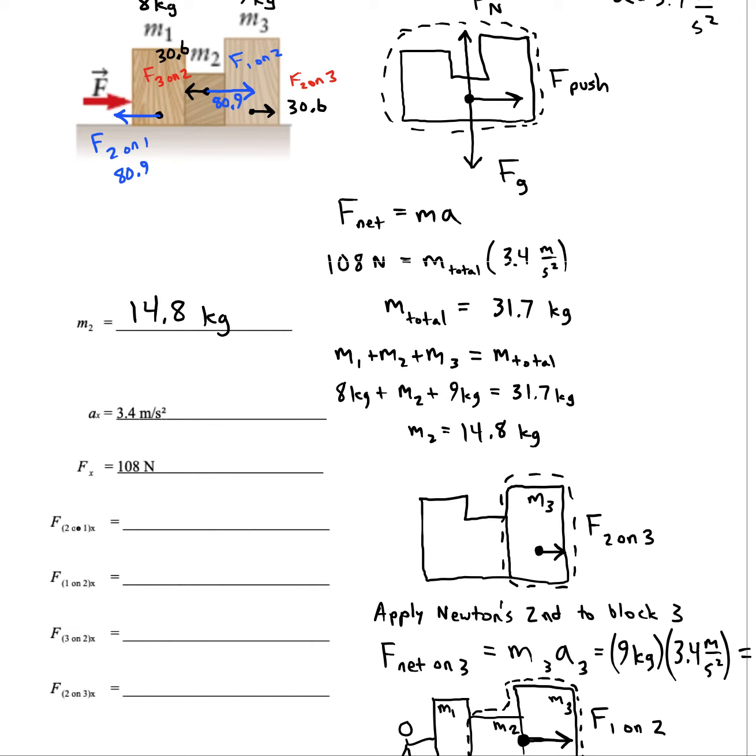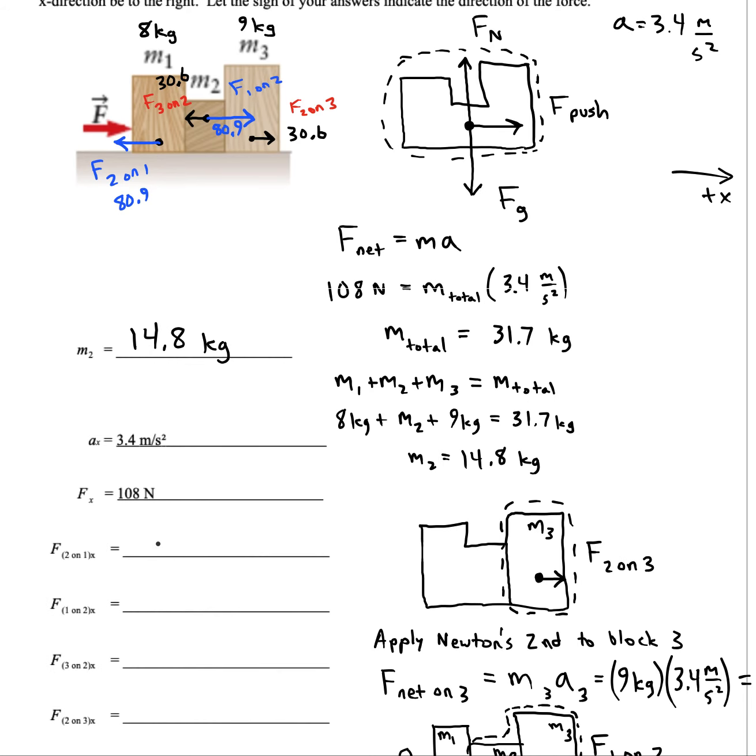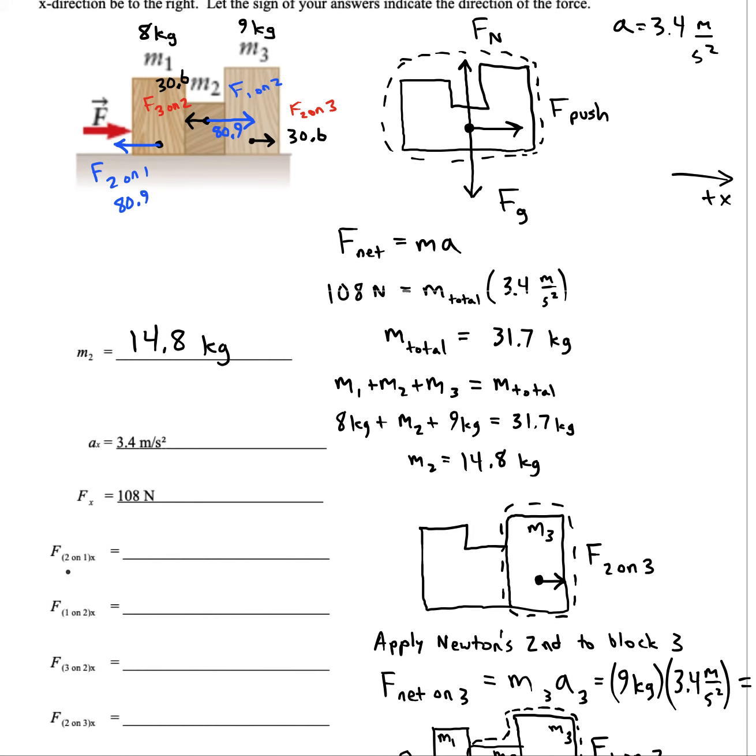Alright, so we can put these in. Now, since these have a subscript of x, I'm going to let to the right be the positive x direction. And if that's the case, we want to let the sign determine the direction. So the force of 2 on 1 is a resistance kind of thing. It's pushing in the opposite direction of acceleration for the blocks.